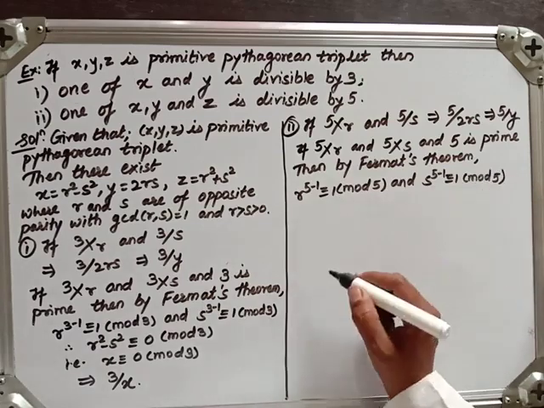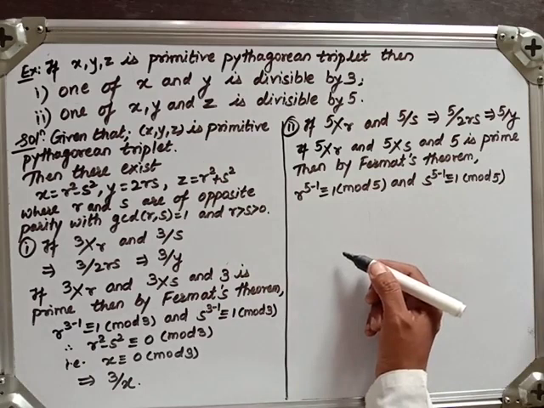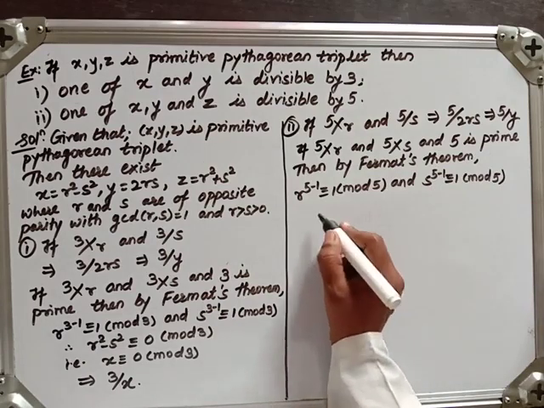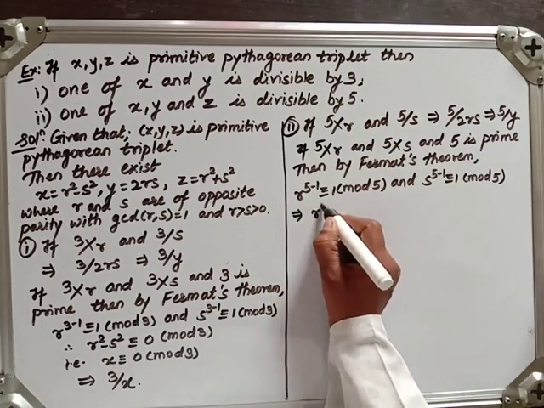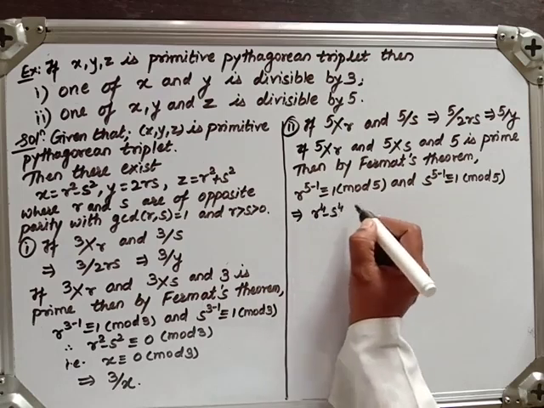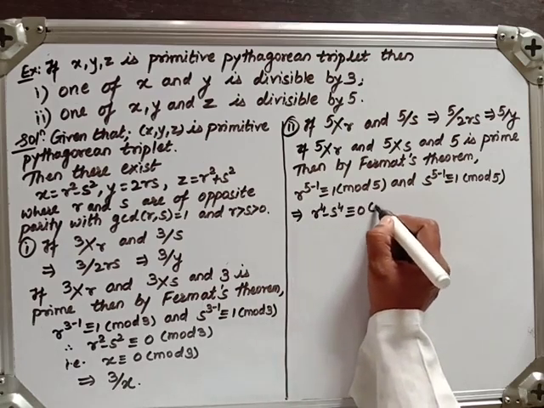That is r raised to 4 is congruent to 1 modulo 5, s raised to 4 is congruent to 1 modulo 5. That is r raised to 4 minus s raised to 4 is congruent to 0 modulo 5.